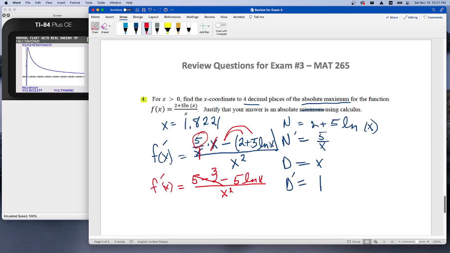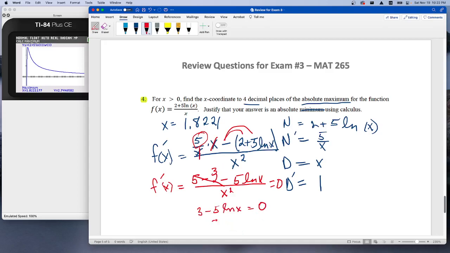And we're going to set this equal to 0 because that's what would give us a maximum or a minimum. For this to be equal to 0, all we need is the numerator to become 0. Obviously the denominator we don't want to become 0. That would be undefined. So then we just set this up as 3 minus 5 natural log of x equals 0.